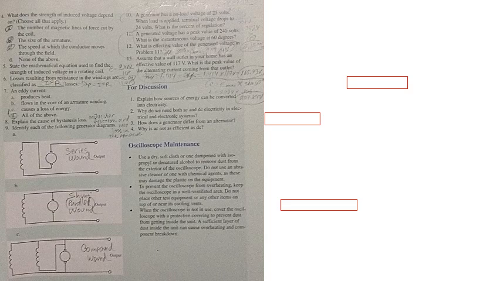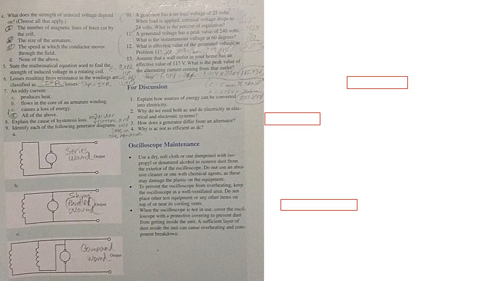5. State the mathematical equation used to find the strength of induced voltage in a rotating coil. That would be E equals theta times N divided by 10 to the 8th power. For that, see your text, page 141.